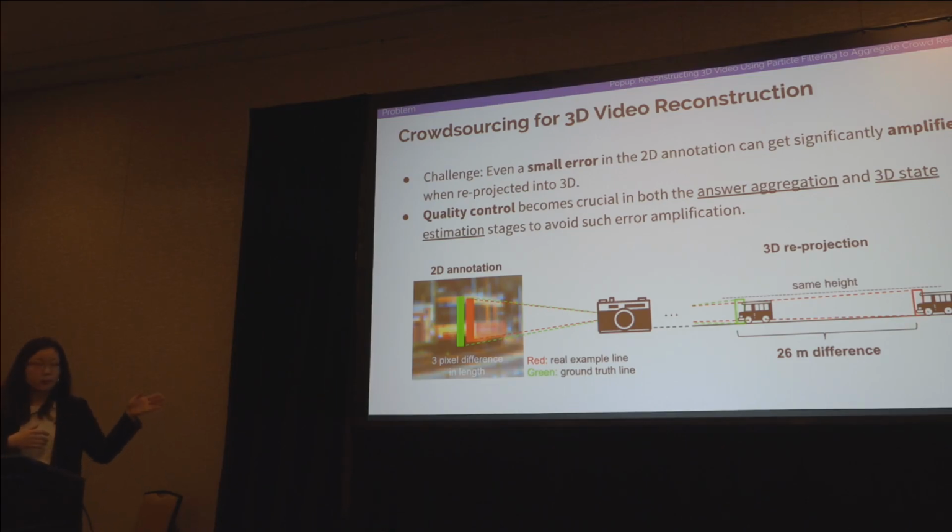If you see the example in the image, this is an example from an actual crowd worker who participated in our experiment, and the error is only 3 pixels different from the ground truth. However, if we reproject this into the 3D space, it can become up to a 26-meter difference, which is a huge error. So in this task, quality control becomes a crucial step both in the annotation aggregation stage and also in the 3D state estimation stage.